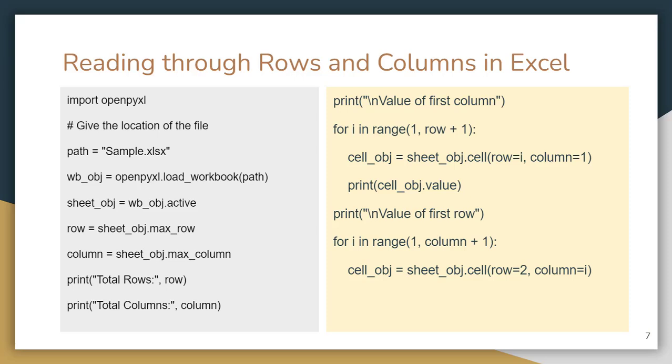Inside the cell function we provide the parameter row equals 2, that is the second row of the Excel sheet, and here we provide values column wise, column equals i, where the value of i is 1 to the maximum column.